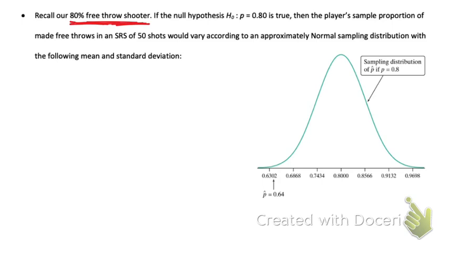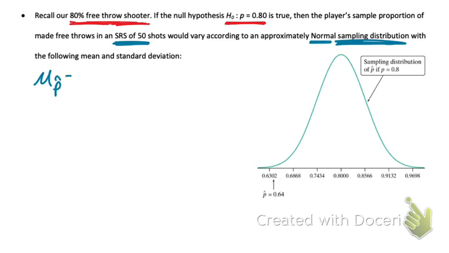All right. If the null hypothesis is that his true proportion is 80%, if that is true, then the player's sample proportion of made free throws in an SRS of 50 shots would vary according to an approximately normal sampling distribution of p hats with the following mean and standard deviation.